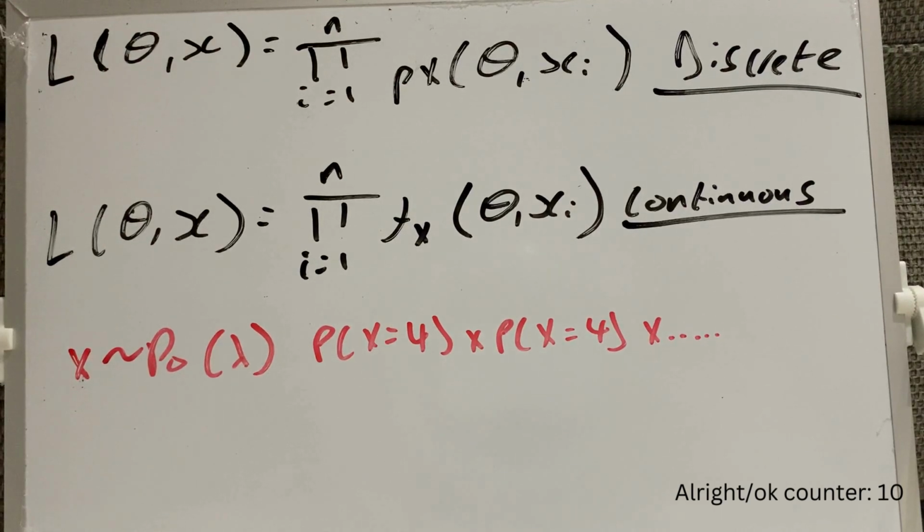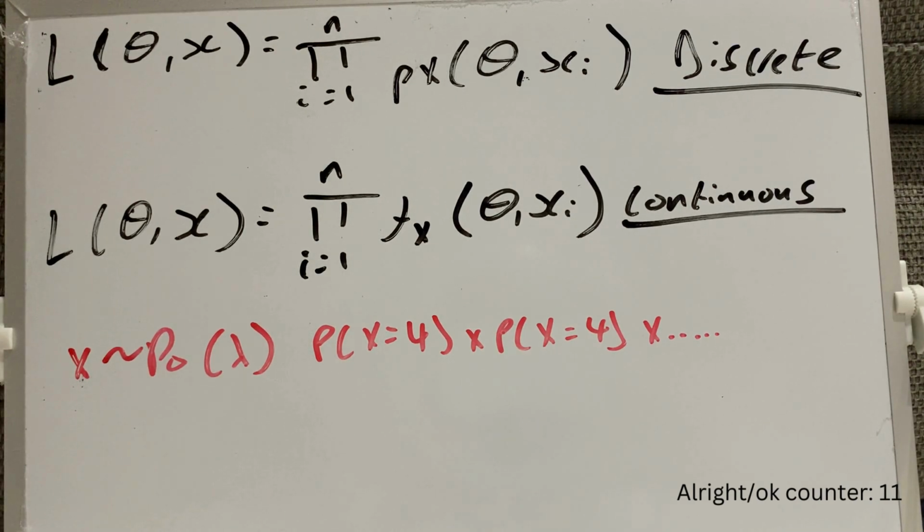Okay, so now we're going to look at the likelihood function, which looks confusing, but it's not. Think about what we just looked at. All this is saying is that to calculate the likelihood function, we take the product, that's what that little pi means, from i equals 1 to n, so however many values we've observed.